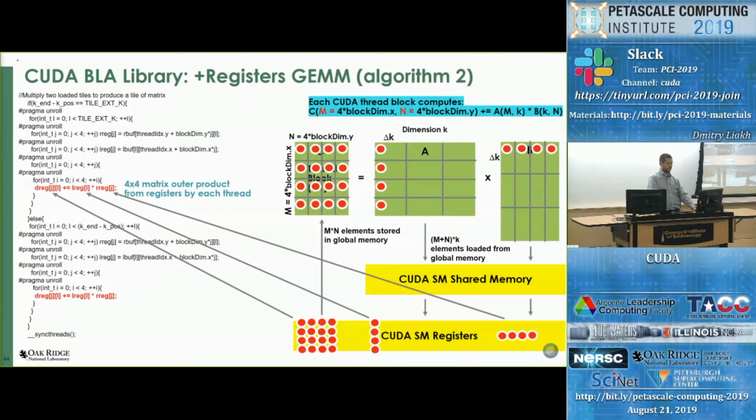But algorithm 2 is actually hitting hard on resources. First of all, it's using quite a bit of shared memory. It's 64 by 16 and 2 buffers, so it's 8 kilobytes. Every CUDA block requires 8 kilobytes of shared memory. Whenever you build the code, there is an option specified which prints how many registers each kernel uses.